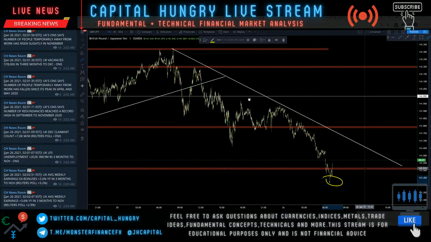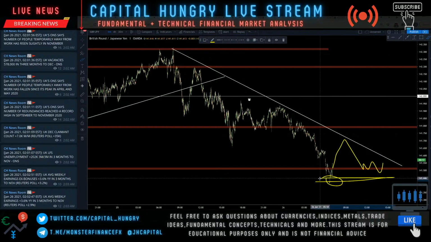Okay, so with that being said, the only way I would see safer buys on GBP JPY is if we fail to break these current new lows and then come above the 141.800 psychological price level, following the quarter point theory.